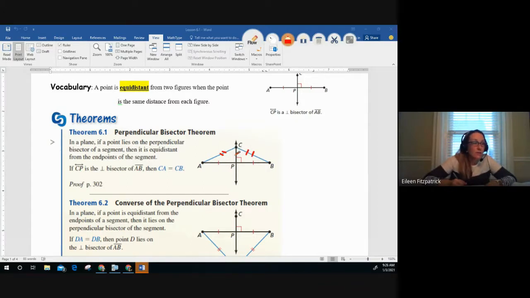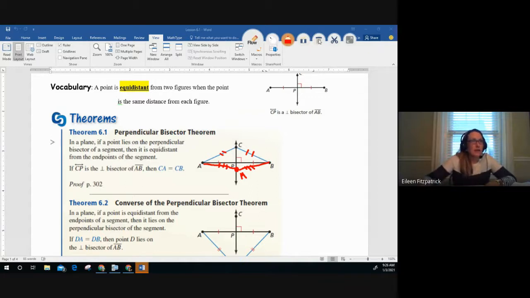If I put another point anywhere on this line, let's say right here, and I call it point M, and I connect M to the endpoint A and M to the endpoint B, well, because point M is on the perpendicular bisector, this theorem tells me that point M is equidistant from the endpoints. So that means that MB is congruent to MA. All right, so that's what this theorem tells us.